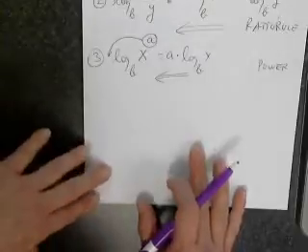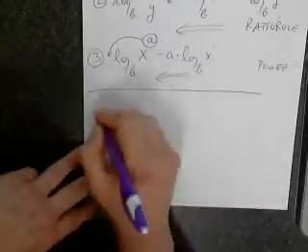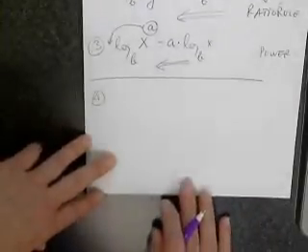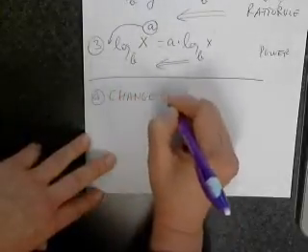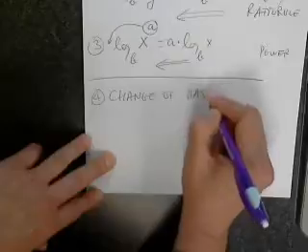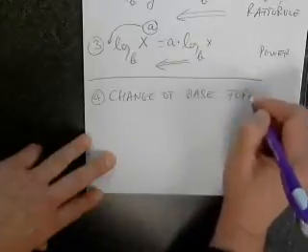These are the laws. There is one other thing that I would like to add here, which I wouldn't say is a law, but it's called a change of base formula.